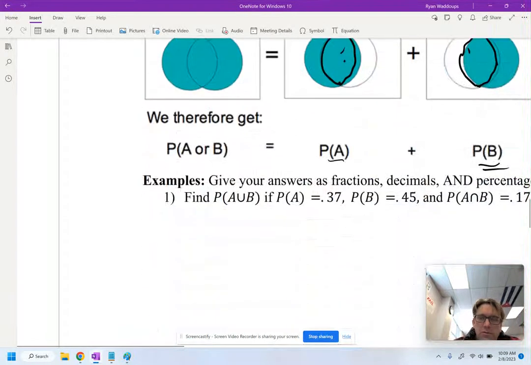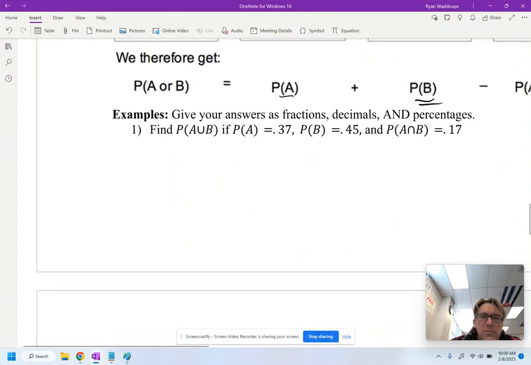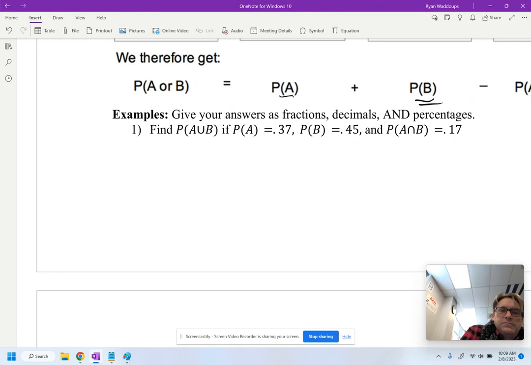All right, so what's the probability of A union B if the probability of A is 0.37?